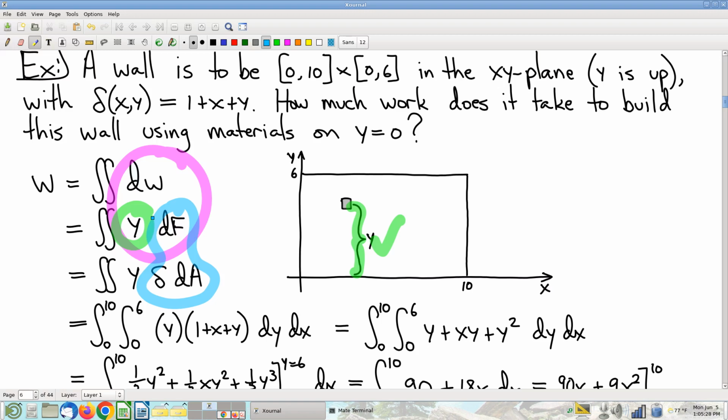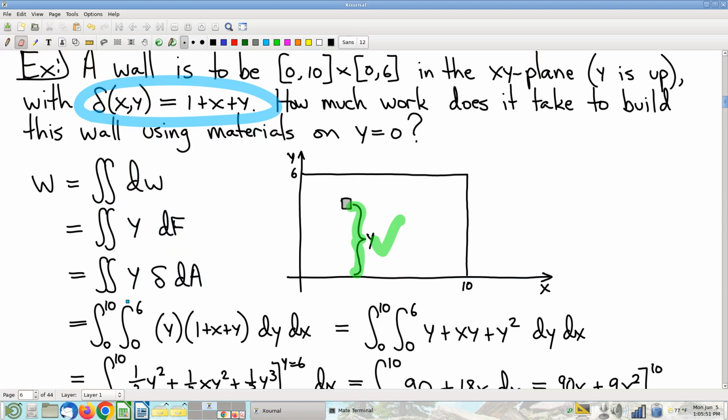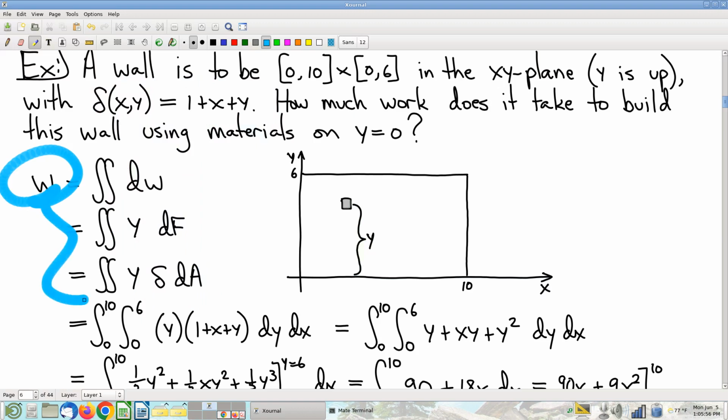So we're assuming that these stones weigh a certain amount of pounds per each little bit of area of stone, how much area of the wall that stone is going to fill. If you're covering more area of the wall, you're going to have more weight in that stone because it's a bigger stone. Okay. So ultimately, you notice we get down to a double integral.